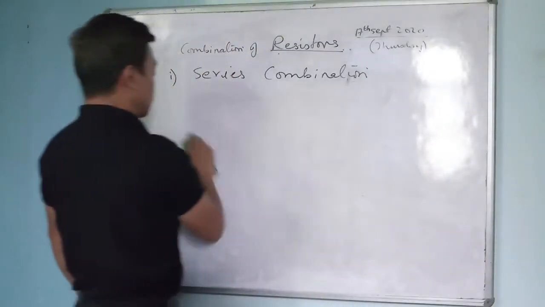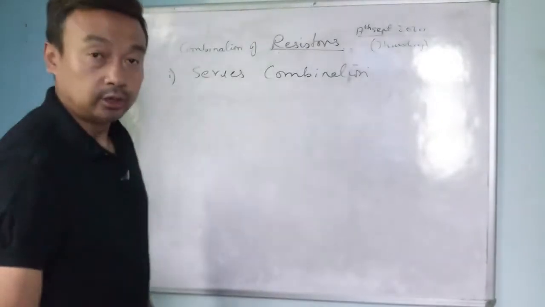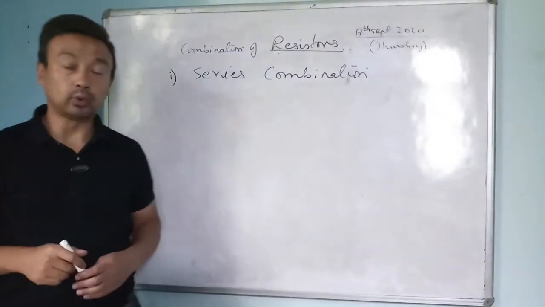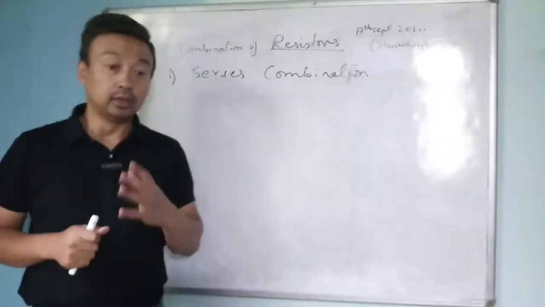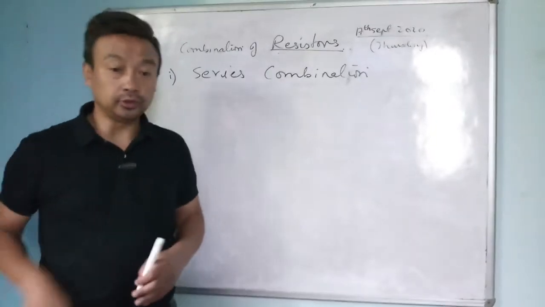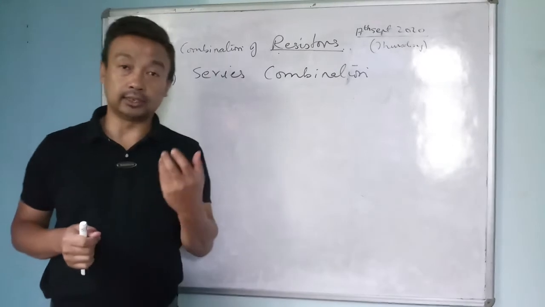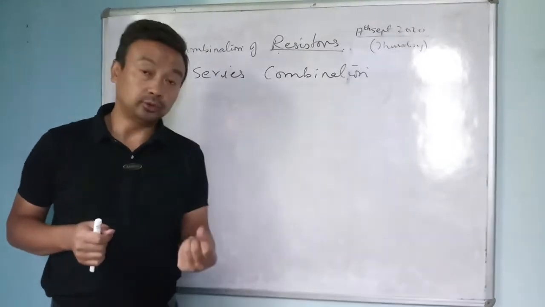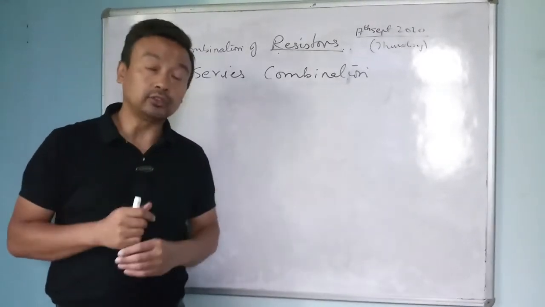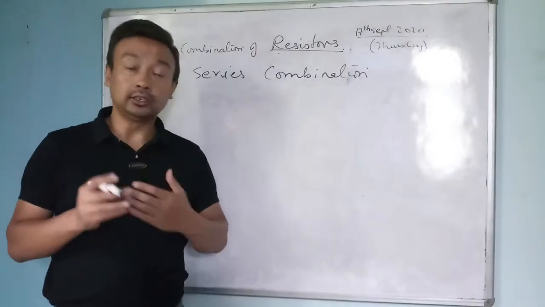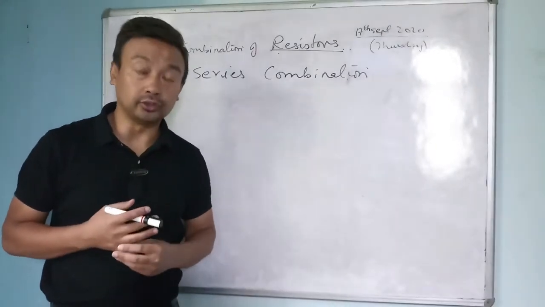This will be explained with the help of a diagram. You can also see it in the textbook at page number 191. In the series combination, suppose we take three resistors. Let us name the resistors R1, R2 and R3, connected in series.